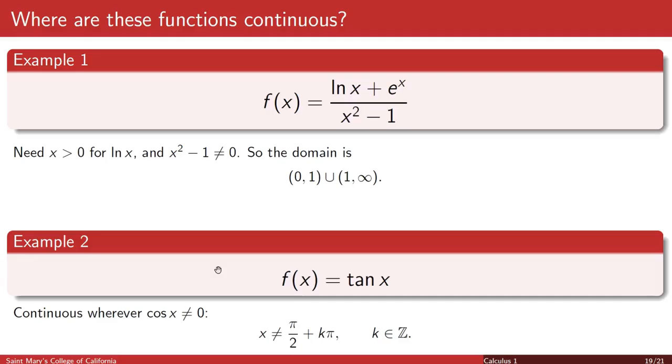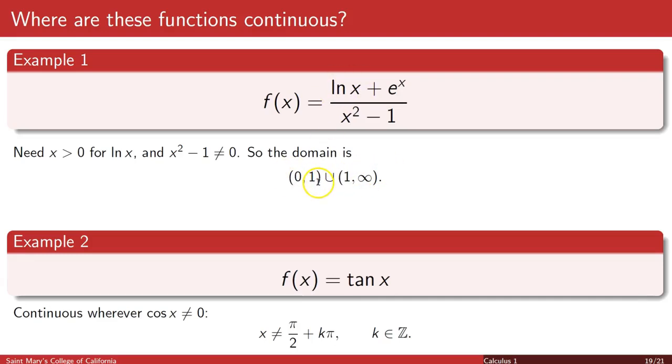Okay, so for example, let's take this function. This is continuous as long as x is not 1, because if it was 1, we'd get a 0 in the denominator here. And anything 0 or less we can't have, because it's not in the domain because of the log x here. But it is continuous everywhere else.